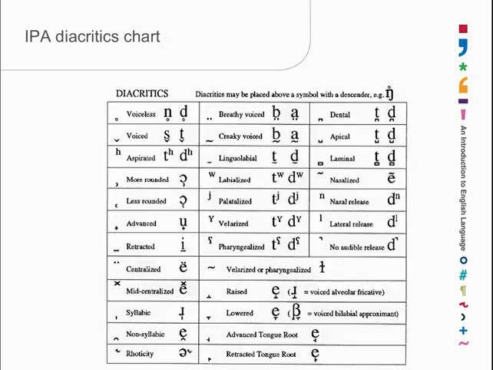The IPA handles this kind of phenomenon by using diacritics. If you look at the top left-hand cell in the IPA diacritics chart, which of course is also in the textbook and on the IPA website, you'll see that there are two sounds there, n and d, the nasal and the voiced stop, that are pronounced on the alveolar ridge.